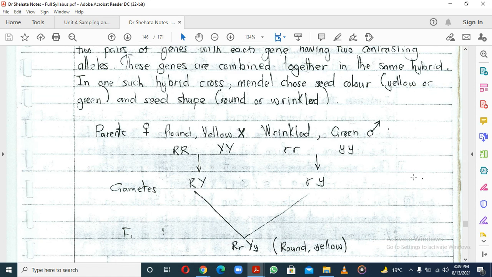Those alleles can combine in different ways, but because this parent is homozygous dominant for both, no matter how the gametes rearrange themselves, each and every gamete is going to end up with a capital R and a capital Y, which means all the gametes have alleles coding for a round seed and a yellow colored seed.